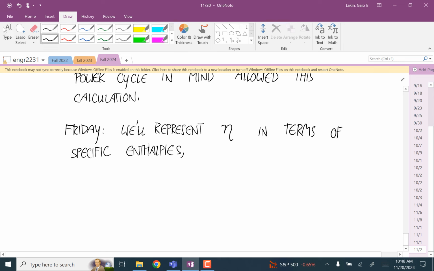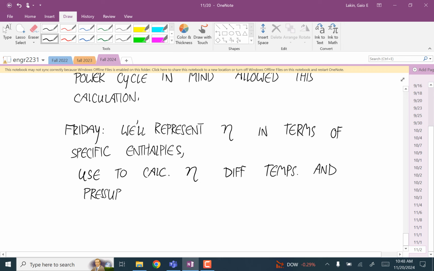And we'll use that to calculate the efficiency of these power cycles at different combinations of temperatures and pressures. And then eventually we'll modify that for the superheated power cycle and for the reheated power cycle. We'll start incorporating inefficiencies into the system.